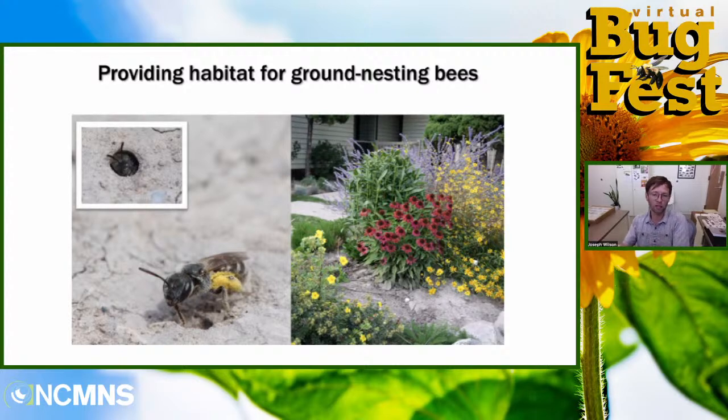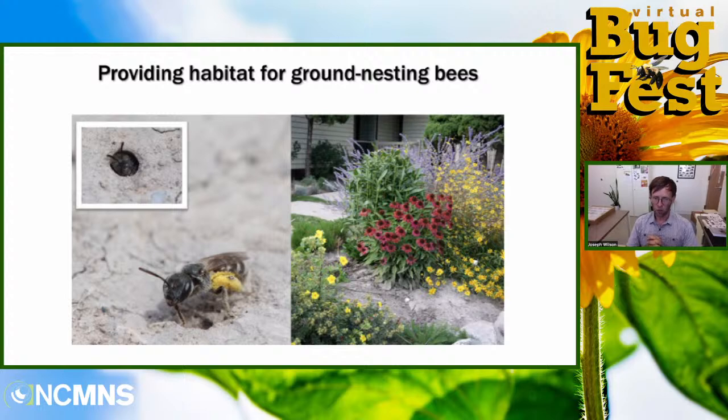Some bees will even nest in your lawn. But the key is if you can leave some part of your land, your garden or your yard a little bit more wild. Bees don't really like the heavily cultivated yards like we seem to prefer. So if that has to be a back corner of your yard so your neighbors won't see it, try leaving that back corner a little bit wild.